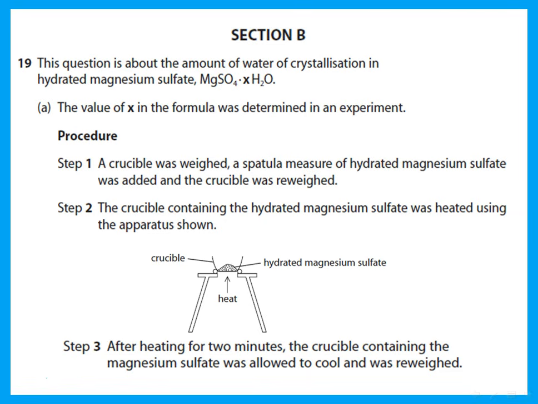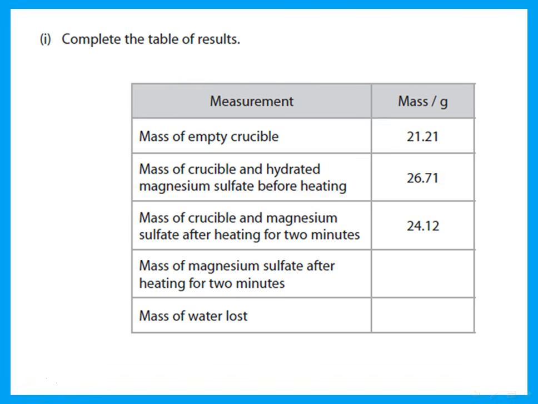This question is about the amount of water of crystallization in hydrated magnesium sulfate. The value of X was determined in an experiment, so he's trying to get the X. A crucible was weighed, a spatula measure of hydrated magnesium sulfate was added, and the crucible was reweighed. Then the crucible containing the hydrated magnesium sulfate was heated. After heating, it was allowed to cool and reweighed.